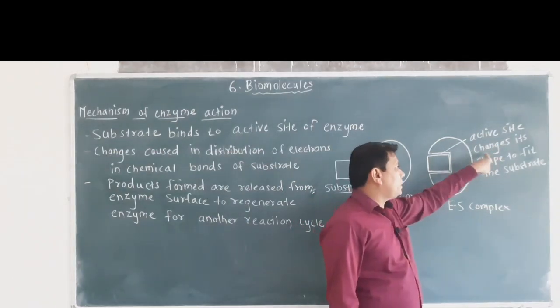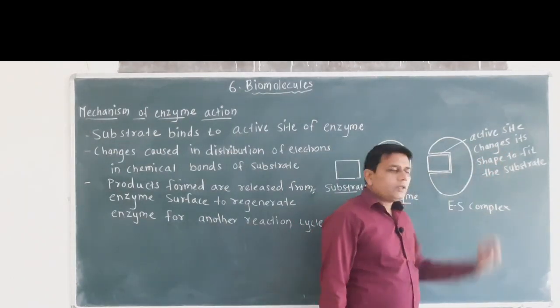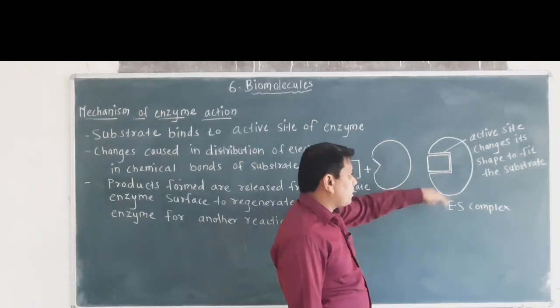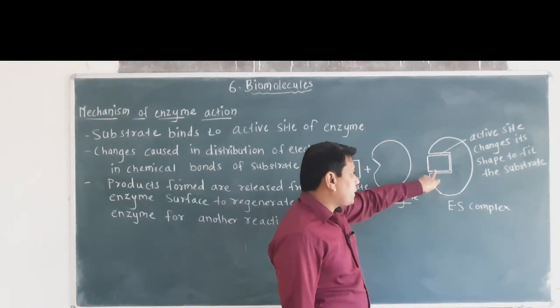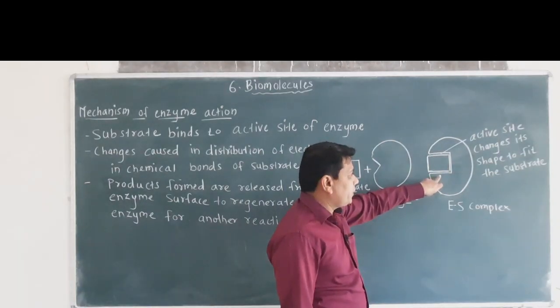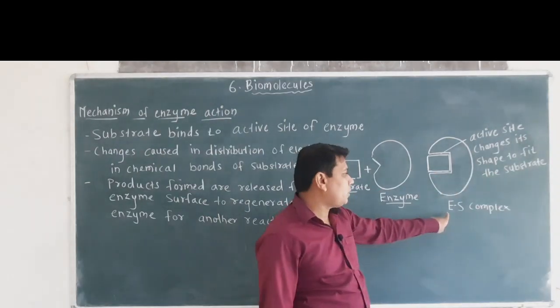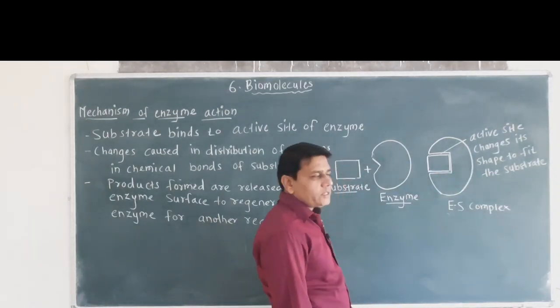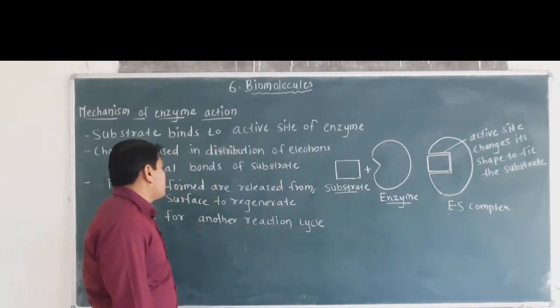So active site changes its shape to fit the substrate, and this substrate and enzyme complex is formed. In short, it is called as ES complex, that is enzyme substrate complex.